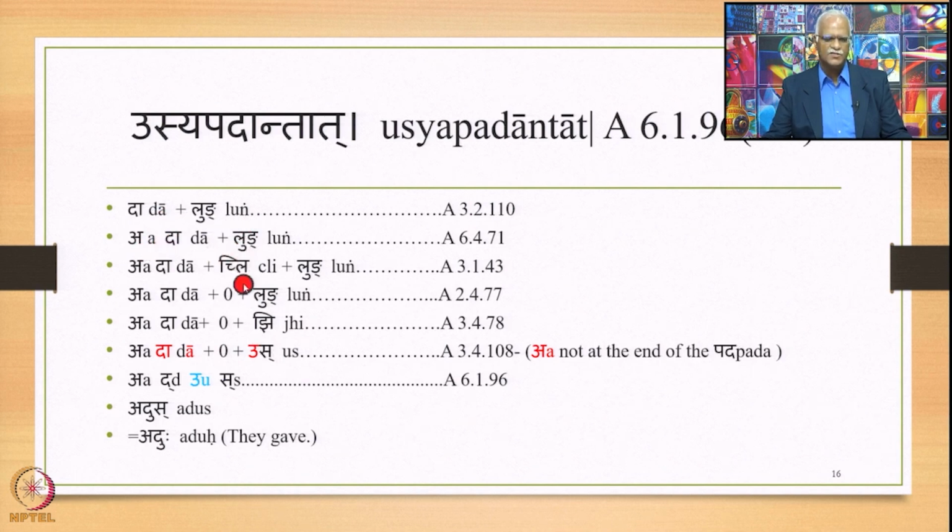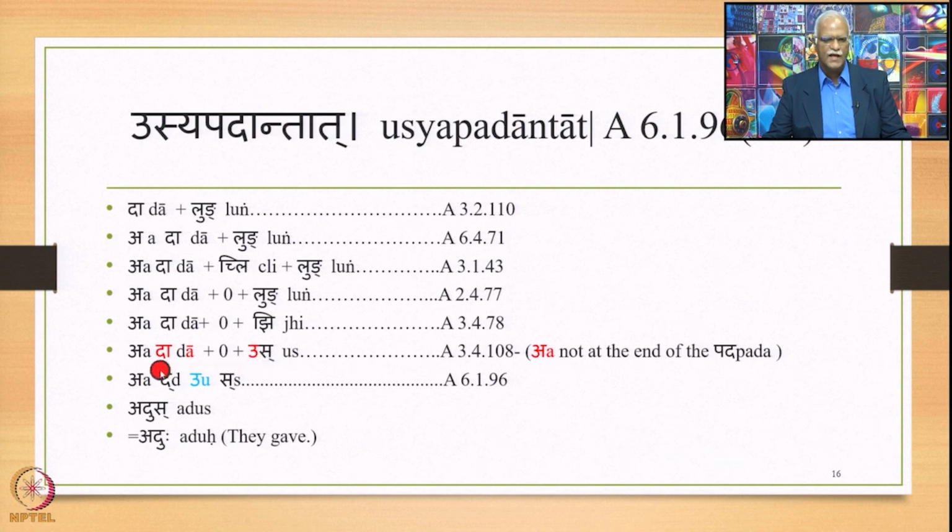Then we add the suffix chli in the next step. Then we delete this chli by the sutra 2477, da 0 and lung. Then this lung gets replaced by g, da 0 g, and then we replace this g by us, and now we have da 0 and us.